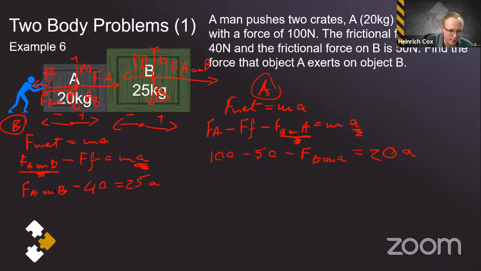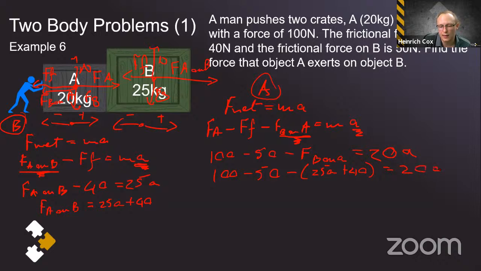So we've got to make something the subject of the formula. I'm going to make FA on B the subject of the formula here. So it's 25A plus 40. And that means wherever I see this FA on B or FB on A, I can sub in 25A plus 40. So 100 minus 50 minus (25A plus 40) is going to be equal to 20A. 100 minus 50 is 50, and that's then minus 25A minus 40 is equal to 20A.